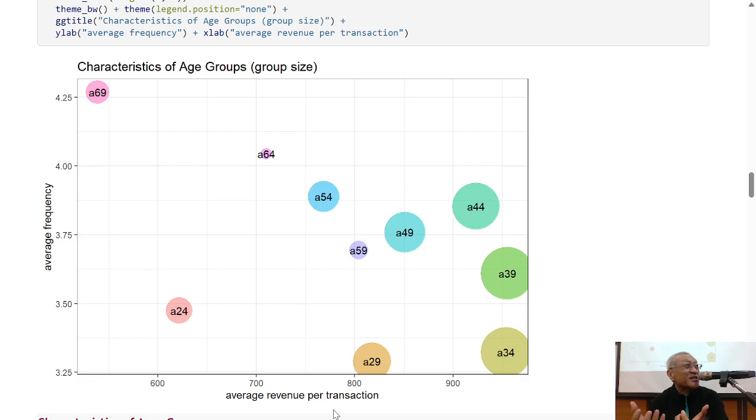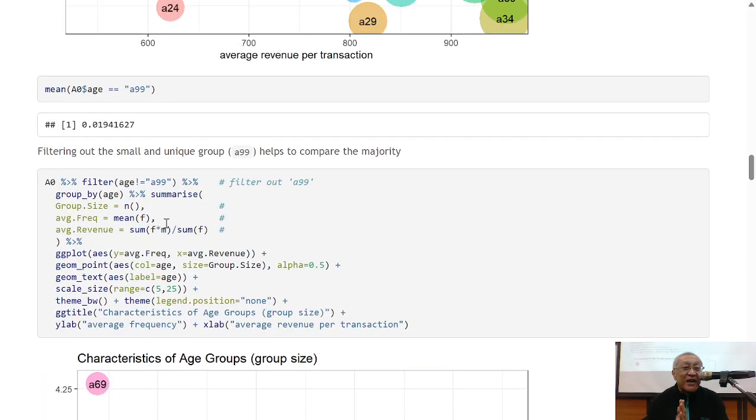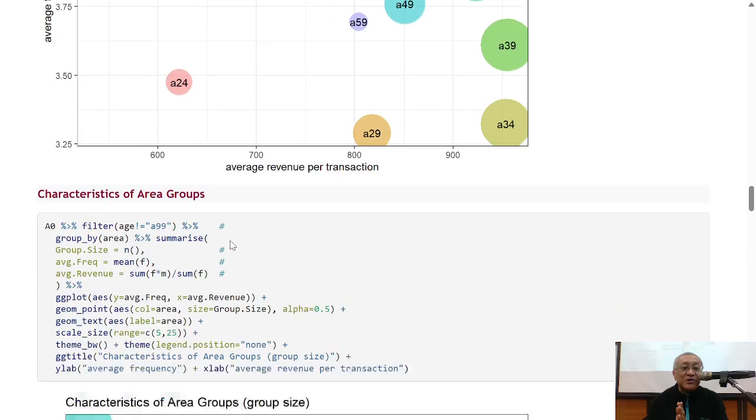Profit, isn't it? You're also interested in margin, right? You're also interested in maybe the goals, right? Okay, so this bubble plot is handy in this way.